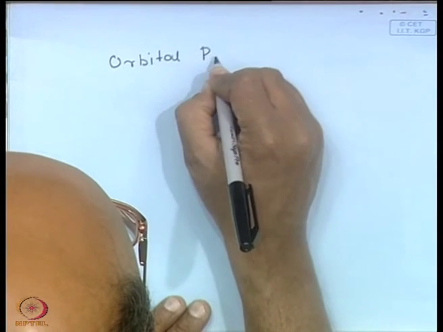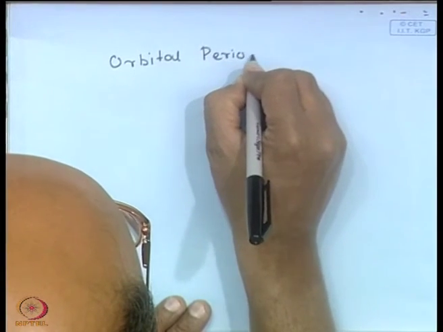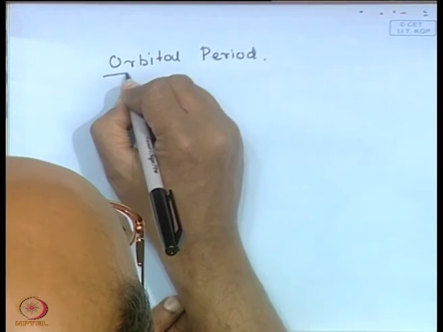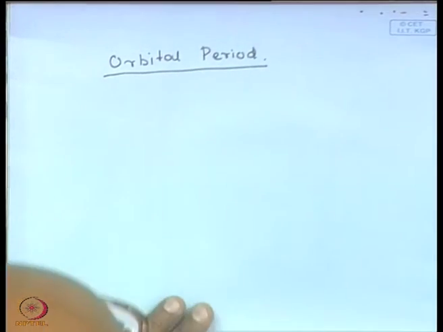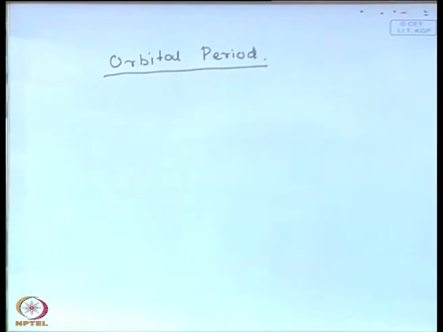Of the motion. Okay. Now, we have seen that the sectorial velocity is conserved, it is related to the angular momentum and it is conserved.